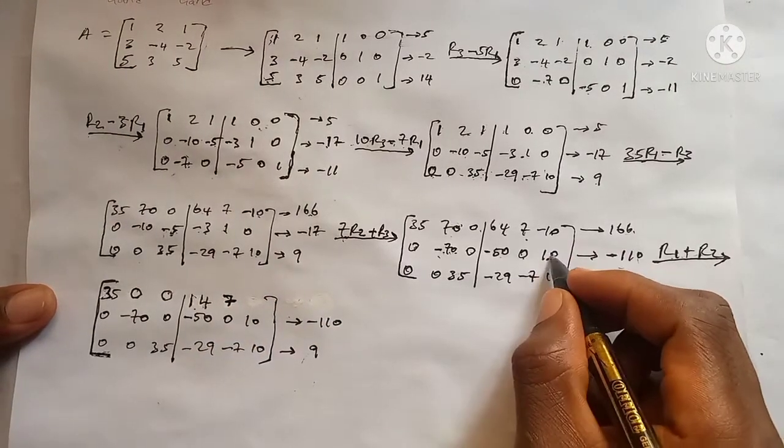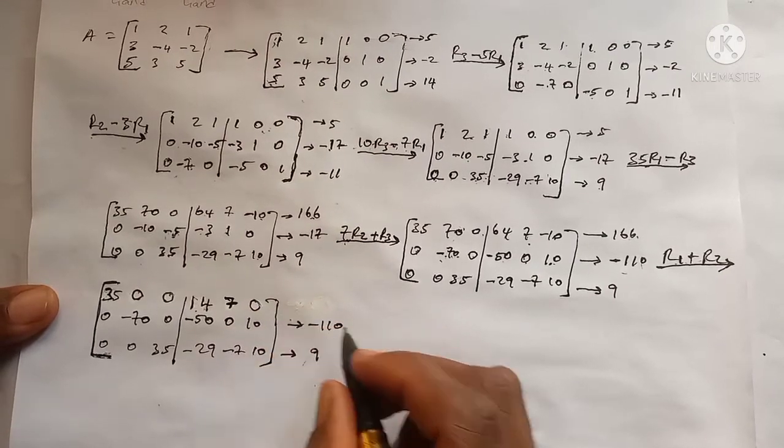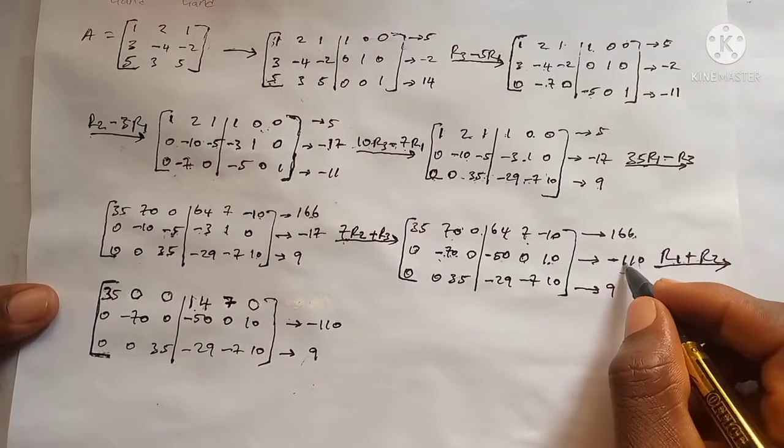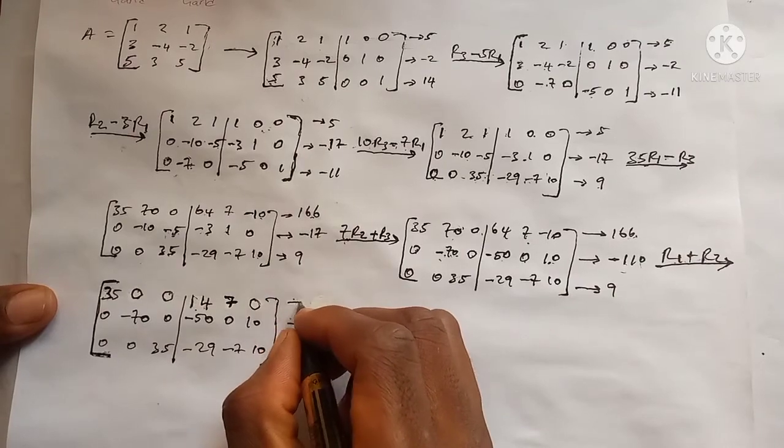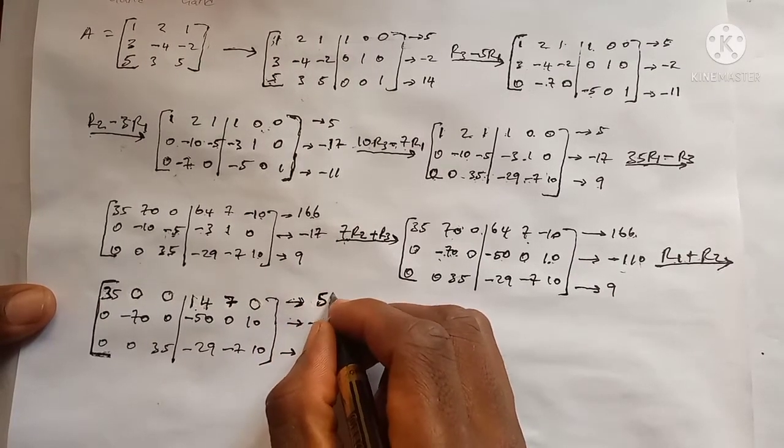And minus 10 plus 10 is equal to 0. 166 minus 110 gave us 56.